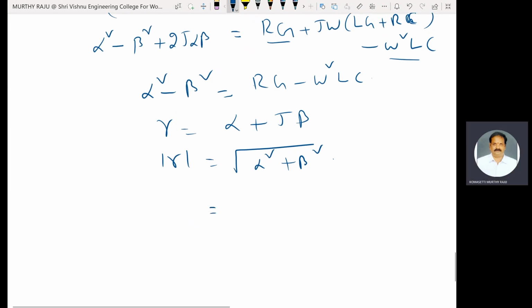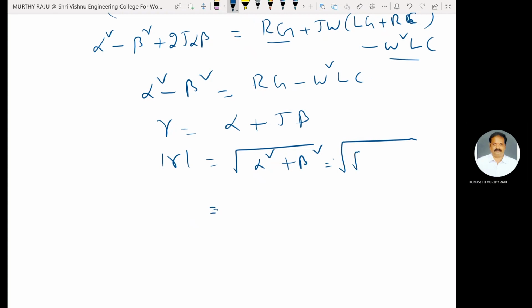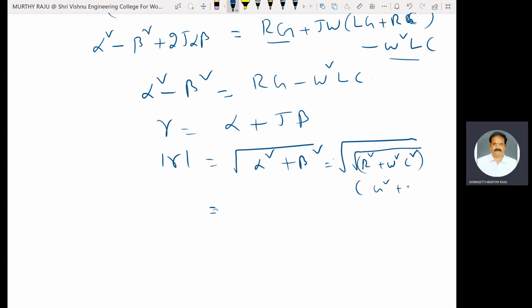We know that mod gamma is equal to square root of (R square plus omega square L square) into (G square plus omega square C square).